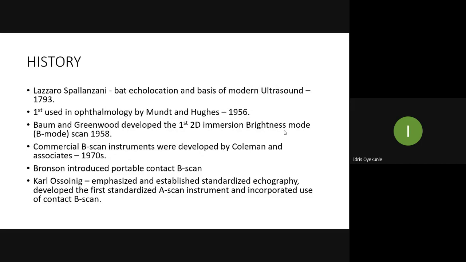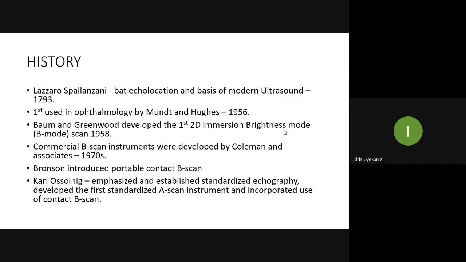So while studying bat echolocation, he realized that ultrasound waves are being produced by these bats, and that formed the basis of modern ultrasound. And it wasn't until 1956 when Mills and Hughes first used ultrasound in ophthalmology.